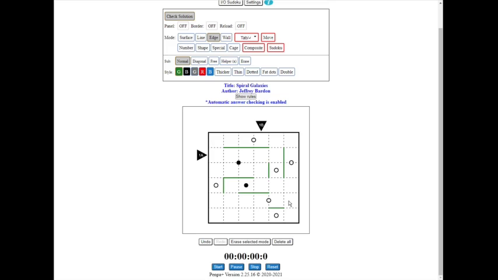The next really critical step to look for in Spiral Galaxies is to try to find cells that can only be reached by one dot. In this case, my eye is drawn to this lower section, and in particular this cell in row 6, column 3. If you look closely, only one option exists for this cell. If it tries to use this black dot, it comes up here and it won't work.